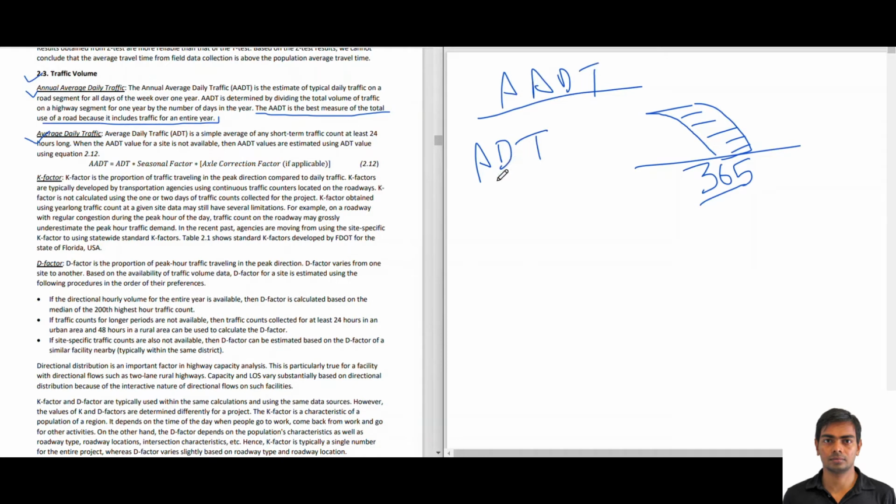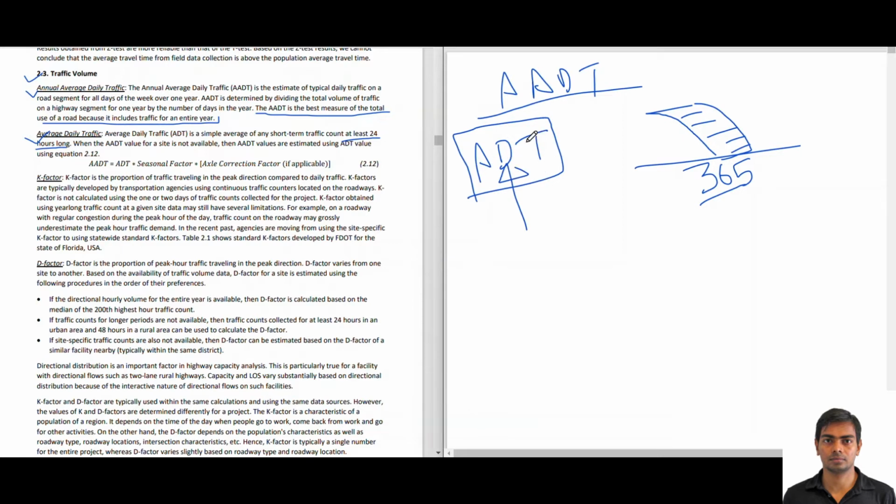When we are collecting only a few days of data, at least 24 hours, let's say 1 day, 2 days or a week of data, and then using it to calculate average daily traffic, then it is called ADT. So it's important to understand the difference between AADT and ADT.